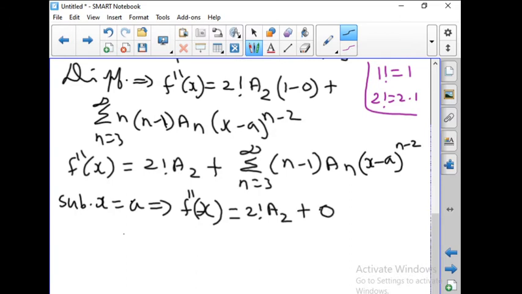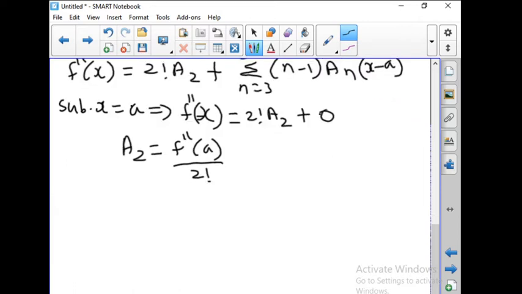So what you get from this? a2 is equal to f double dash of a by 2 factorial வரும். f double dash of a by 2 factorial. So what is f double dash of x now? So f double dash of x is equal to 2 factorial into a2 plus அடுத்தது how will you write? n equal to 3 போட்டு எழுதுறோம்.